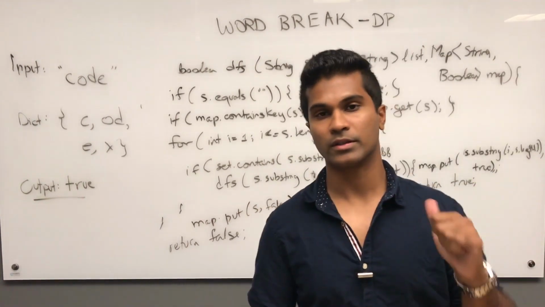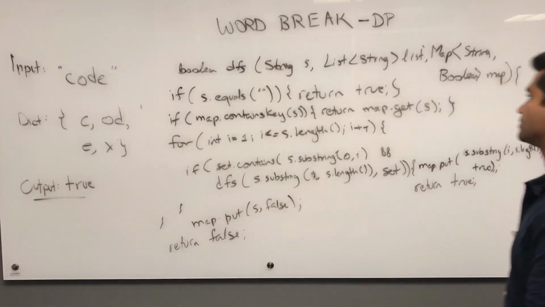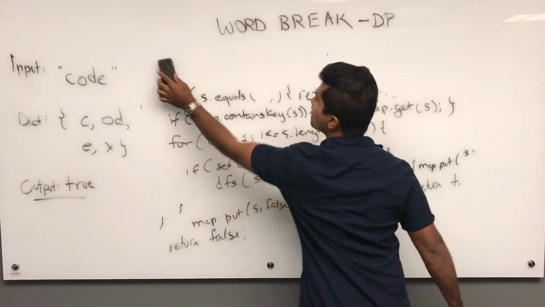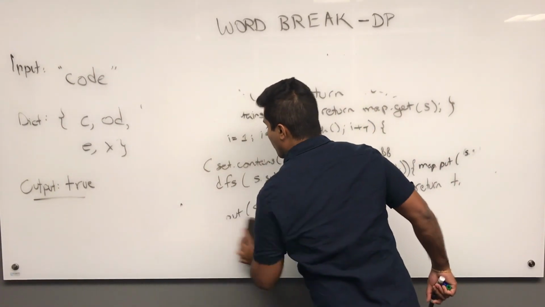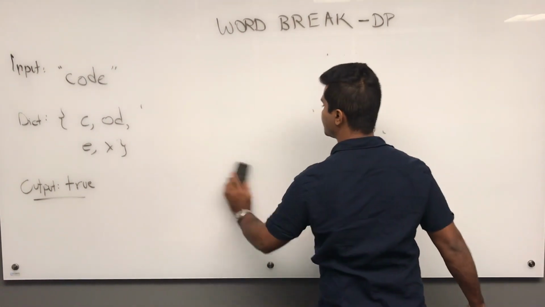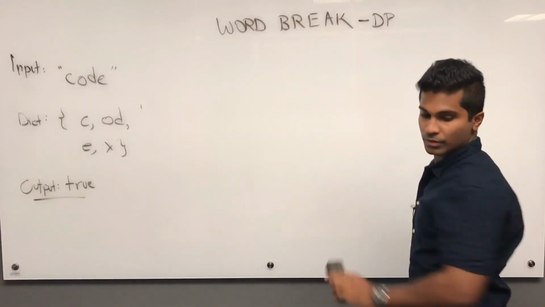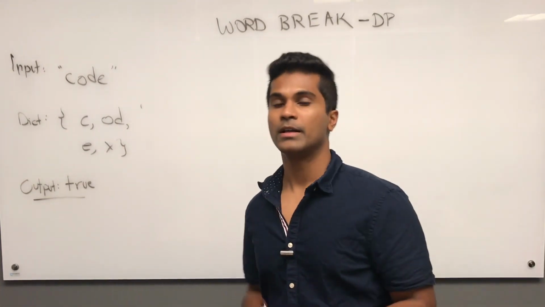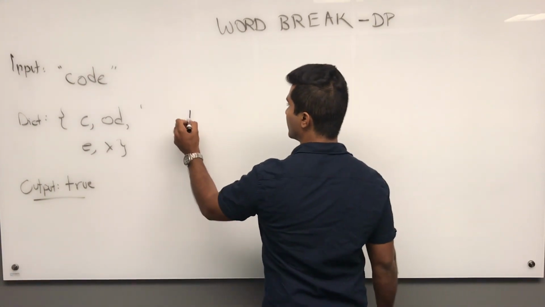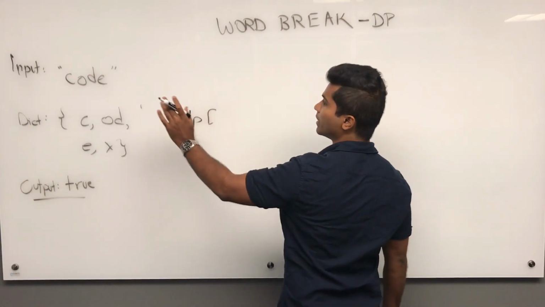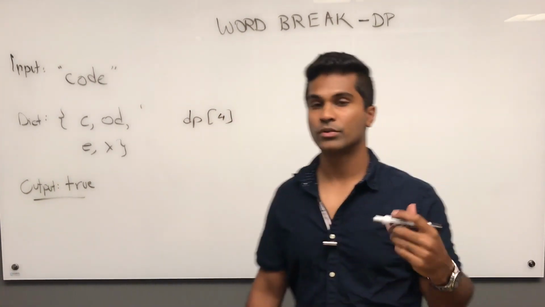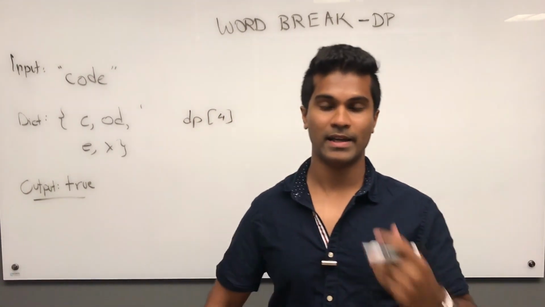Now let's look into the tabular approach. DP, dynamic programming: the solution for, say, a DP of a string of length 4 is going to be represented as a DAG dependency.